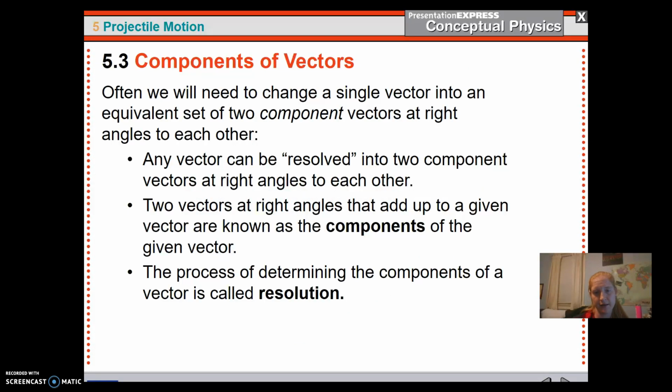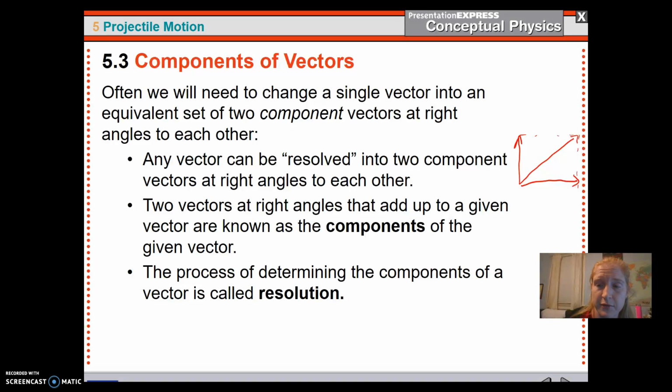So any vector can be resolved into the two components. So if you know you're going this direction, you can use the parallelogram rule to determine the horizontal and vertical components of this object. So the two vectors that are right angles can add up to a given vector.